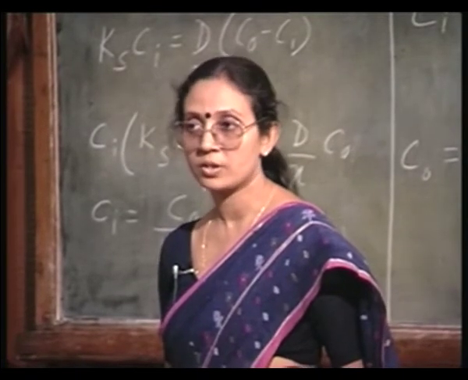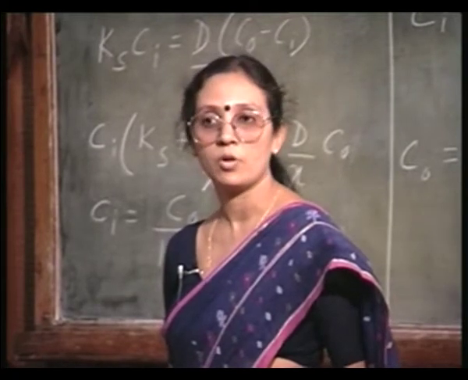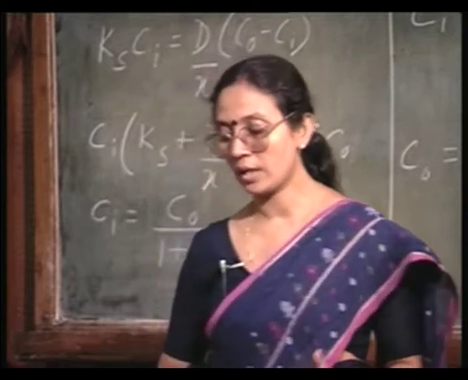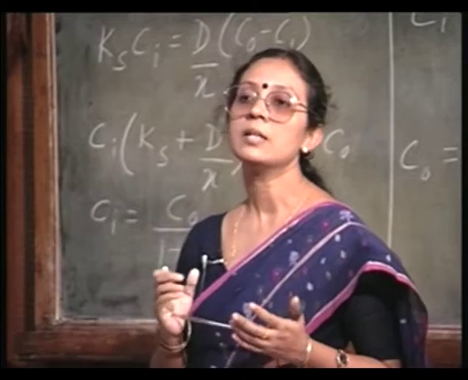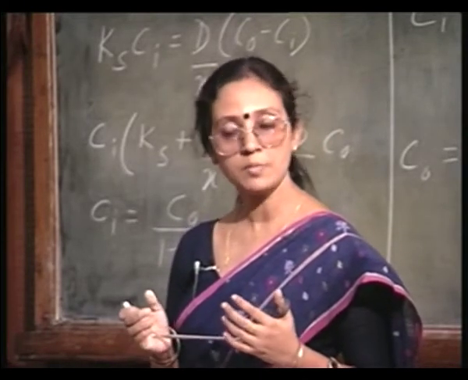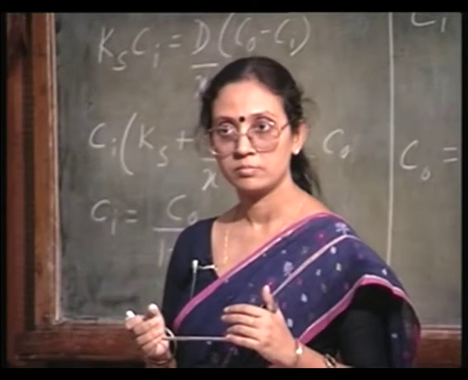Okay? So, this is called the diffusion limited regime of oxidation. And of course, it is very easy for you to intuitively understand that the thicker the oxide layer becomes, the more difficult it becomes for diffusion to take place, right.